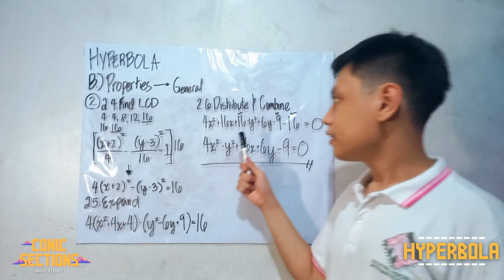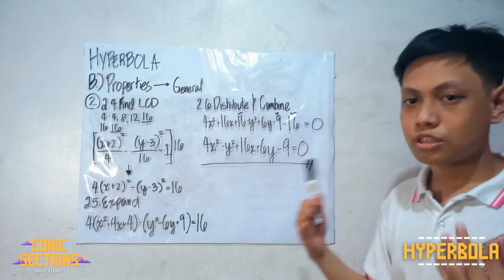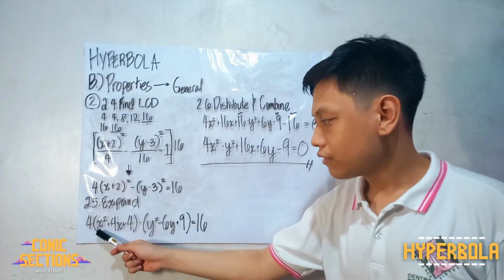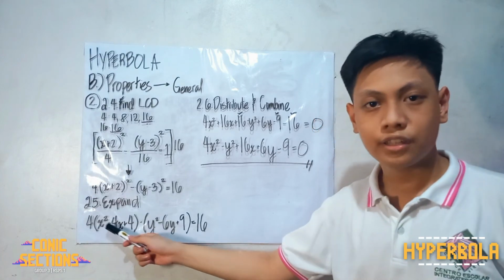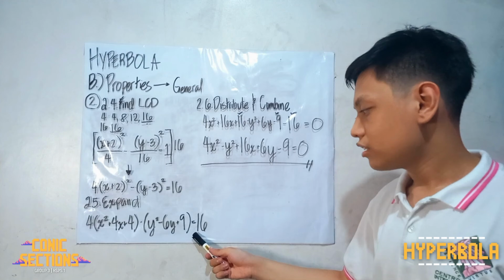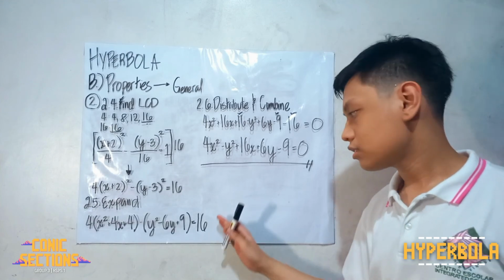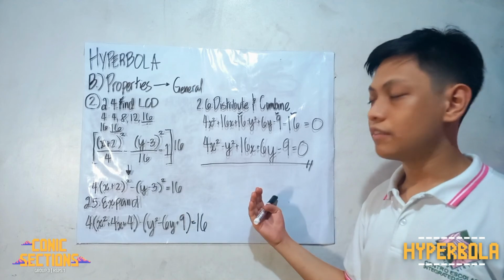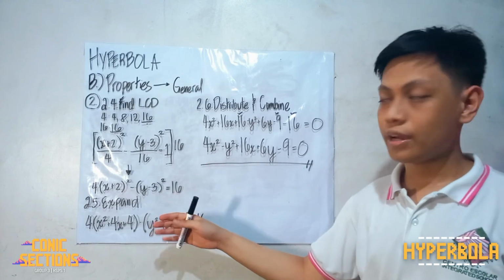So the next step is to distribute and combine. So you can multiply 4 to every term in the parentheses. And on the other hand, you can also start to transfer anything that is in the right hand side of the equation to the left hand side of the equation.